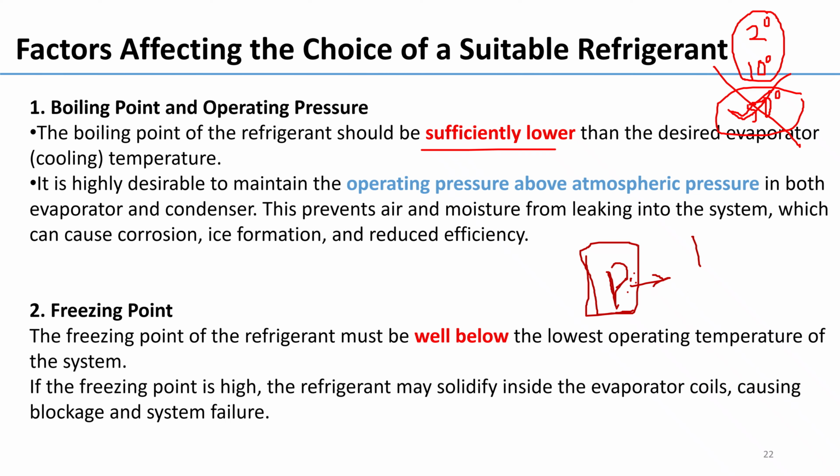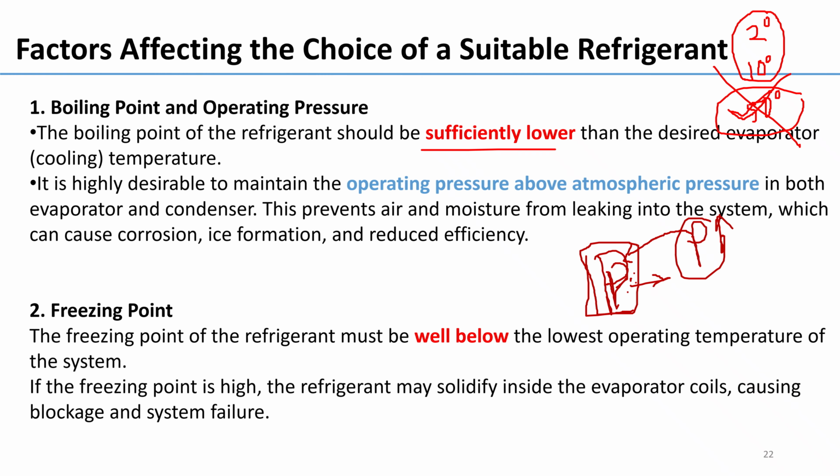Suddenly the atmospheric pressure is higher. What will happen? The air will go from the higher to the lower pressure side. Then the air will come from outside to the inside of the refrigerator. Whenever you open your fridge, air and dust will get into your refrigerator. So this is very risky. So we always want our inner pressure to be higher.